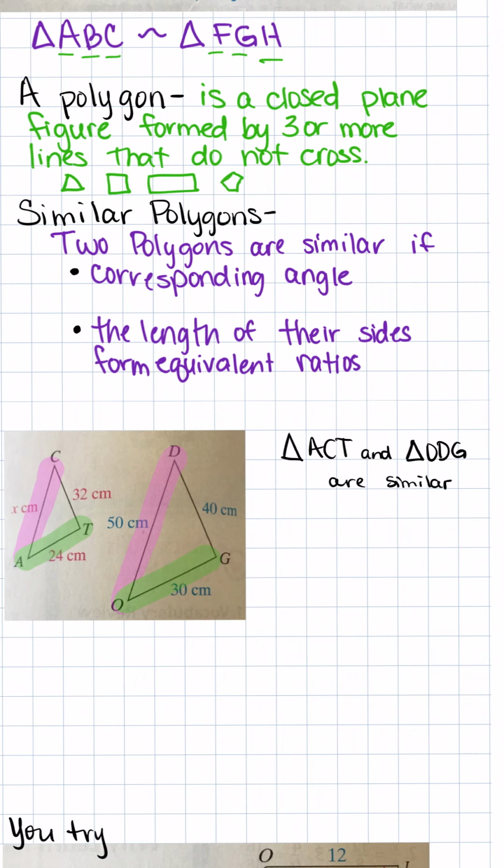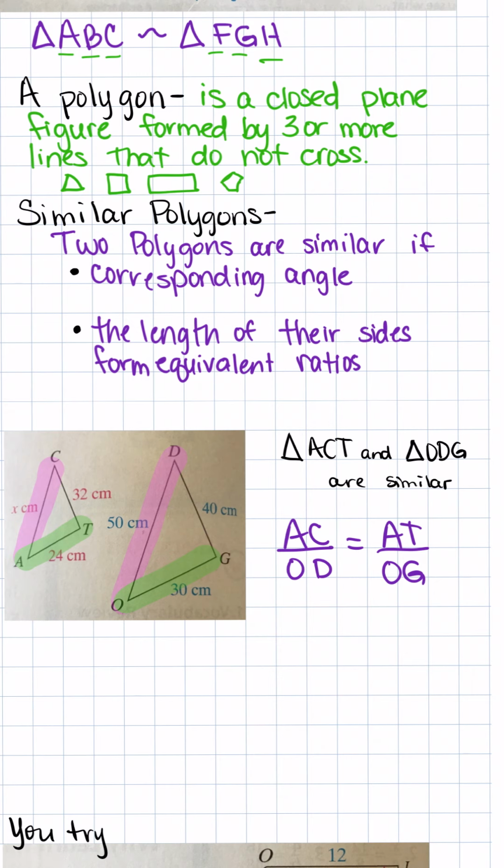So if we wanted to write this in, let's go ahead and put down the numbers that we know. So I said that AC and OD are the same as AT and OG. So let's plug in those figures.